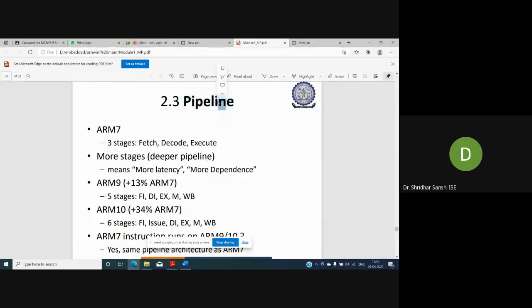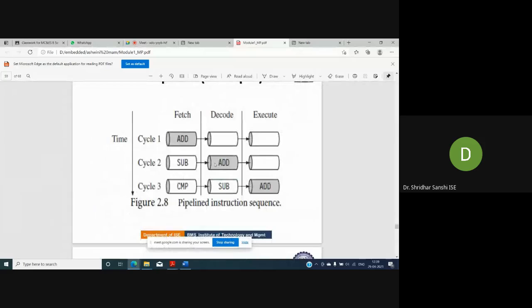Another disadvantage is if we have dependency on previous instructions. Say I'm executing this instruction, but the instruction to be fetched depends on the result of this instruction, then we cannot fetch it, correct? So if there is an interdependency between two instructions, then we cannot prefetch.